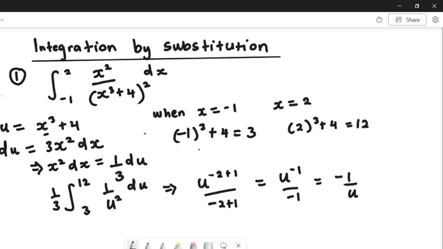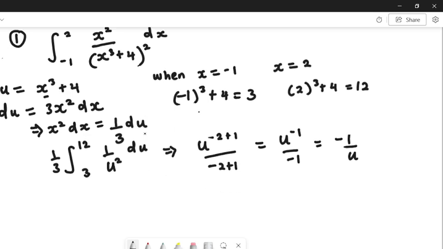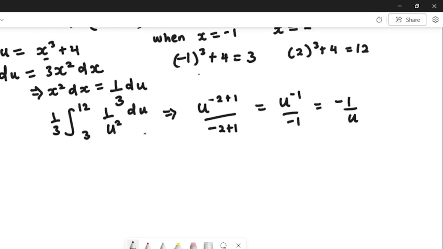But don't forget we have a third, which is a constant. So we have a third times -1 over u, and now we substitute the new limits.